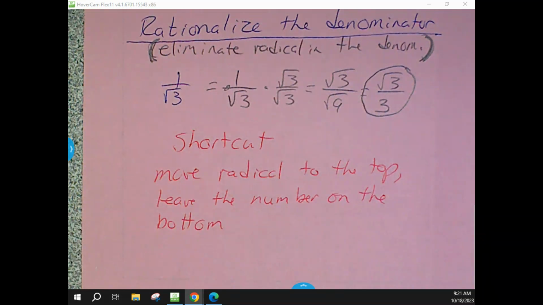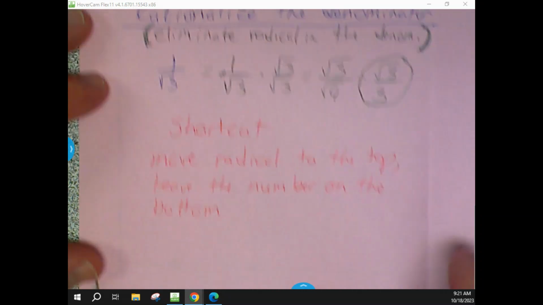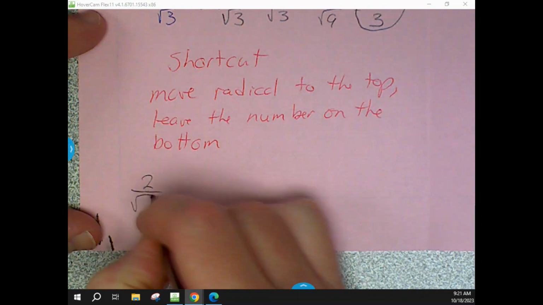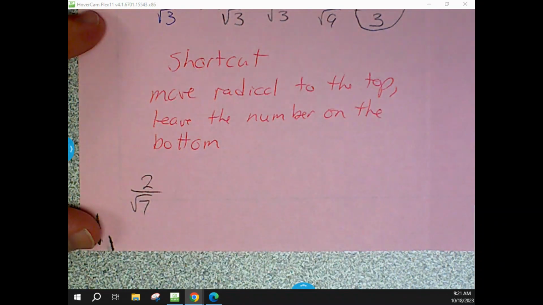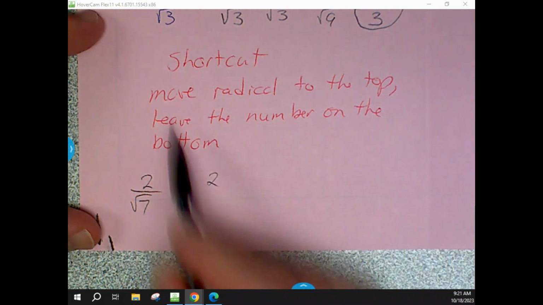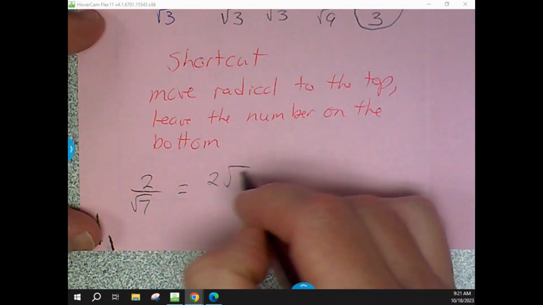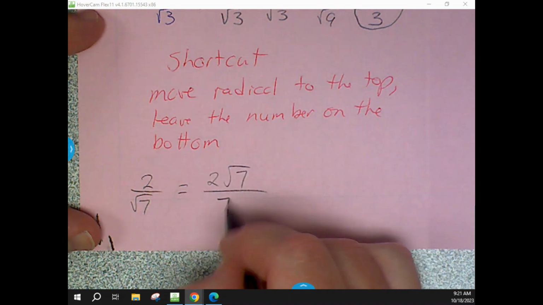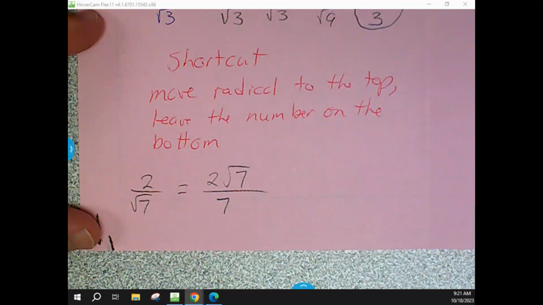So if they gave you like 2 over the square root of 7, and they ask you to rationalize it, you're going to move this radical to the top, and then on the bottom, you leave just the number. So it's going to be 2 square root of 7 over 7.